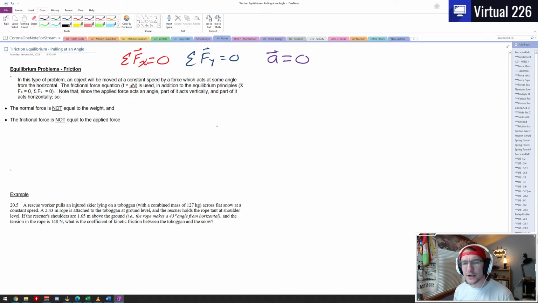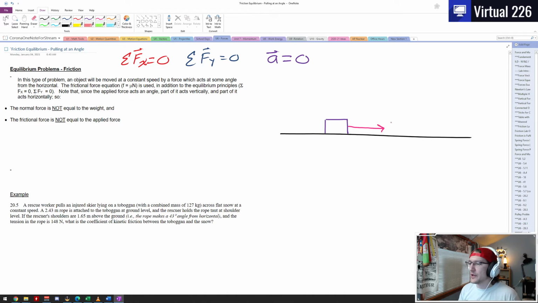Now, what we're going to do here is look at a problem where instead of pushing or pulling on something in a straight line, we're going to push or pull at something at an angle. And the reason why this matters is if we think back to what we've done in this class, normally if we have a box on a table or a surface, whenever we pull on it from one end, let's say with 10 newtons, if this is a rough surface underneath, maybe there's some grass or gravel underneath, that's going to bring about a friction.